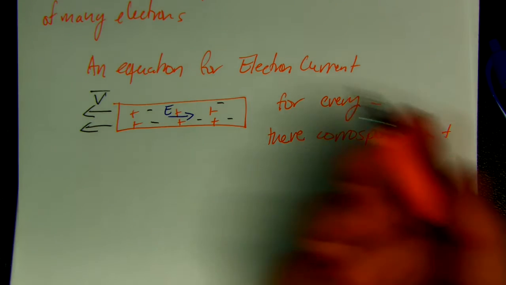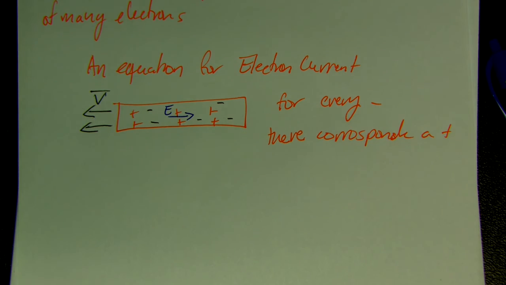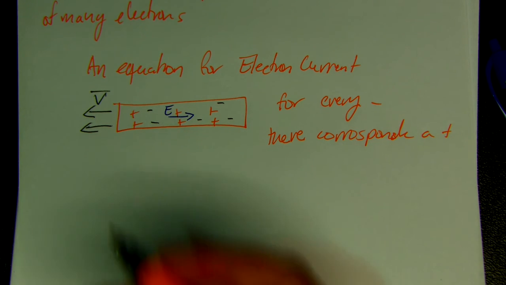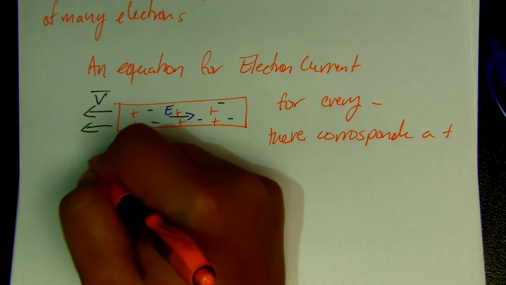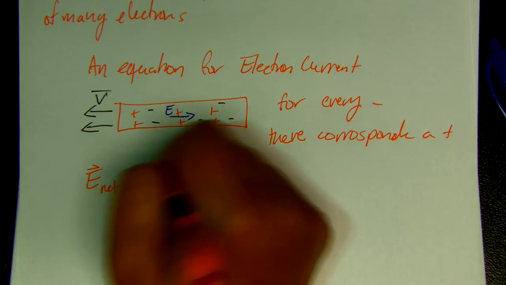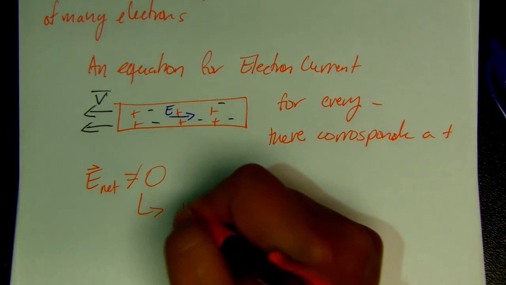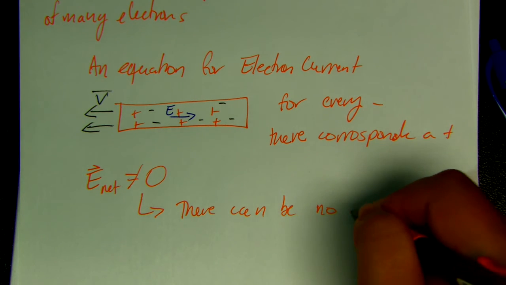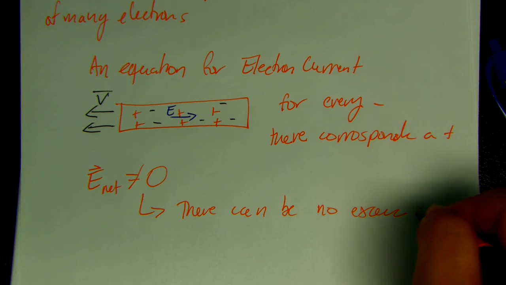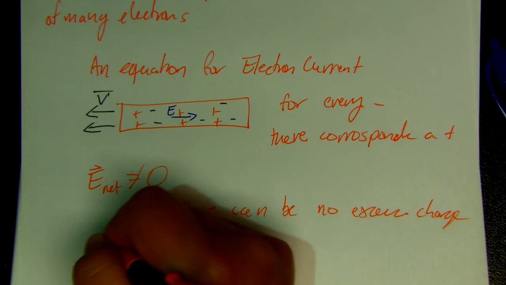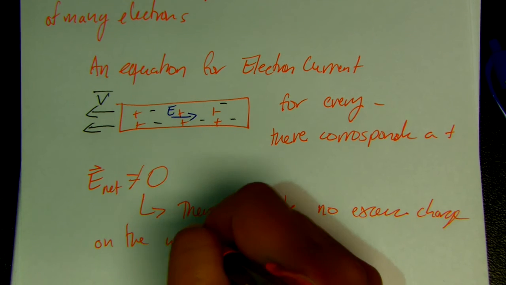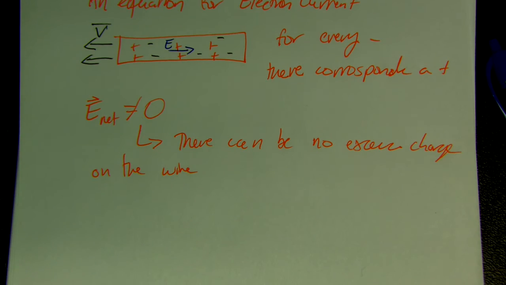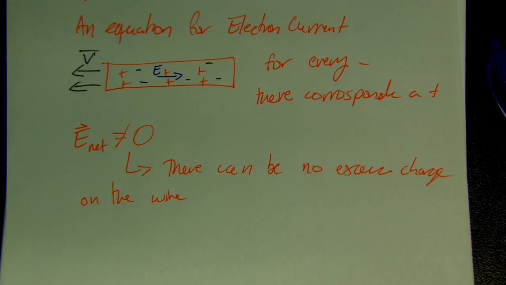So we want to make sure that we keep these electrons moving, so we need to make sure that E net never drops to 0. And so what that means is there can be no excess charge on the wire. So in other words, we're going to keep this even ratio, or pretty close to even ratio, of positives and negatives.